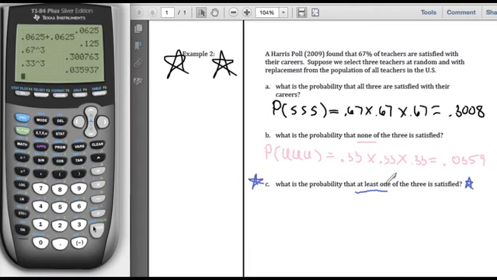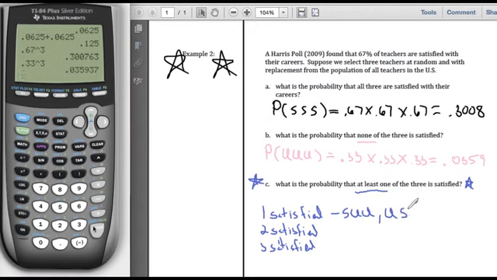So it could be one satisfied, two satisfied, or three satisfied. And there are multiple ways to organize this. One satisfied, you could have the first teacher satisfied and the last two unsatisfied. Or the middle teacher could be satisfied, or the last teacher could be the satisfied one.